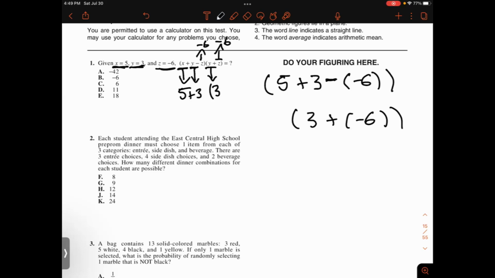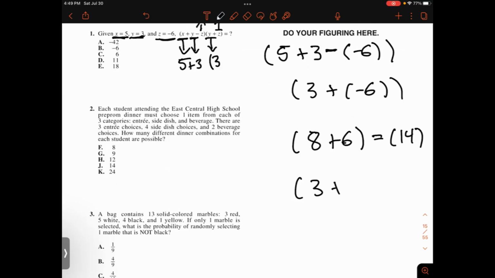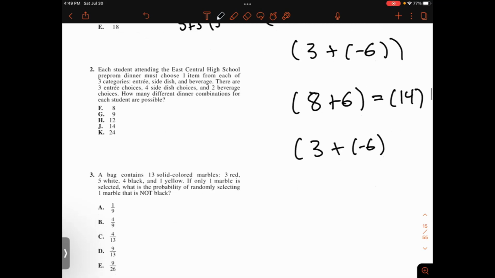Okay, so let's do the top one. The top one is 5 plus 3, which is 8, minus -6. We have minus a negative, so that becomes positive. So plus 6, and 8 plus 6 is 14. Now let's look at the bottom one. 3 plus -6 is just 3 minus 6, and this will give me -3.